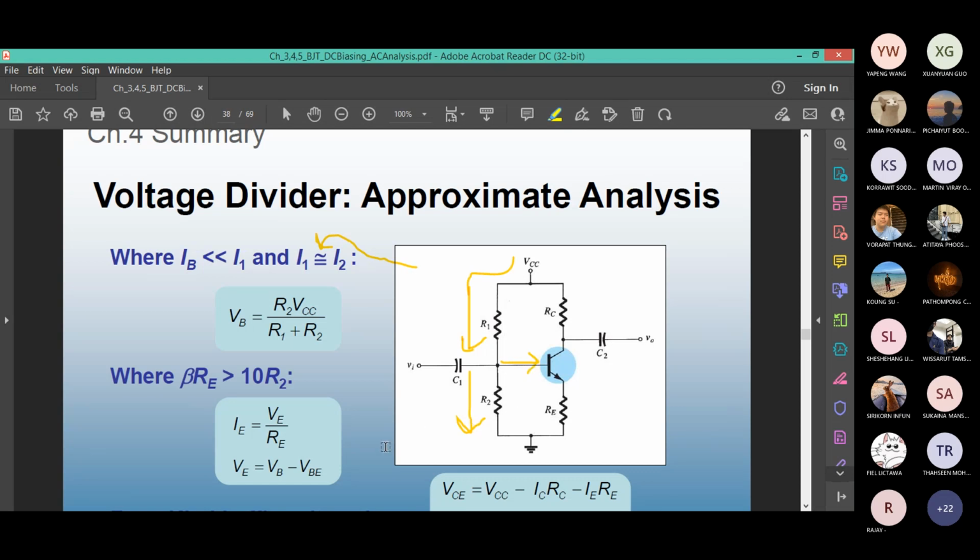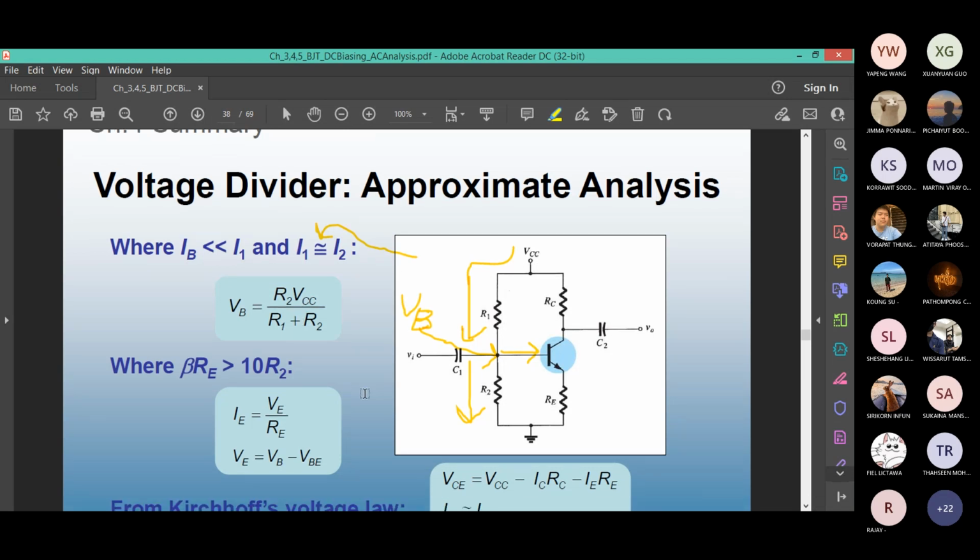In that case, you can use this equation: VB, which is the voltage at point B, the base, will be VCC R2 over R1 plus R2. It happens to be the same voltage as the Thevenin equivalent. At this point, you are calculating the voltage using voltage divider equation, VCC R2 over R1 plus R2.